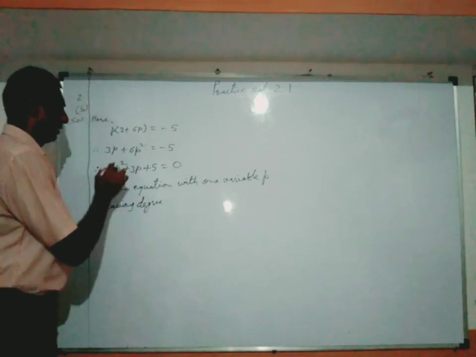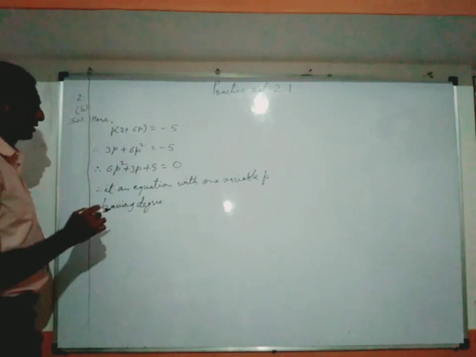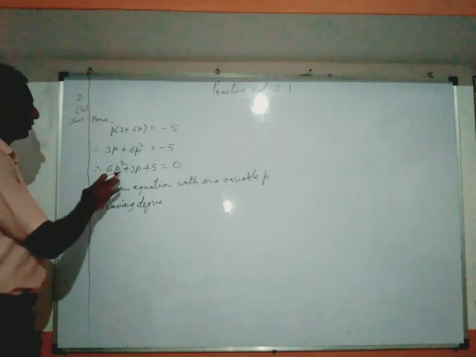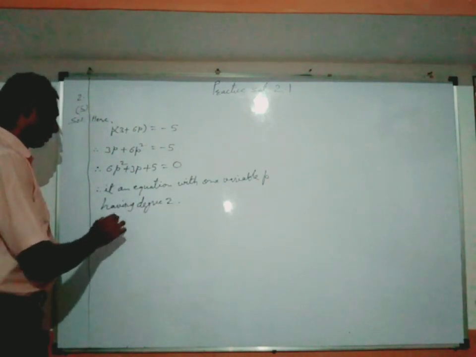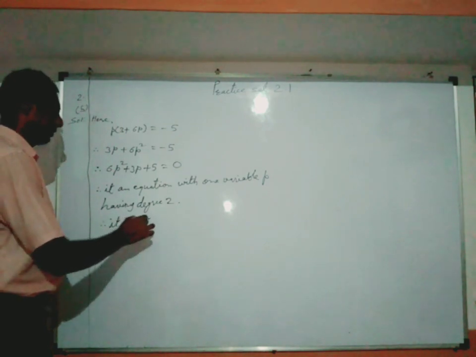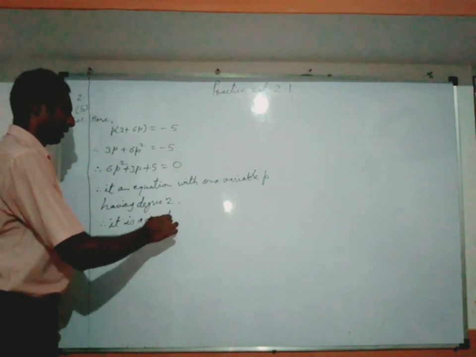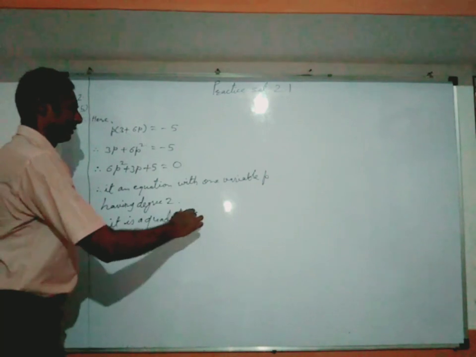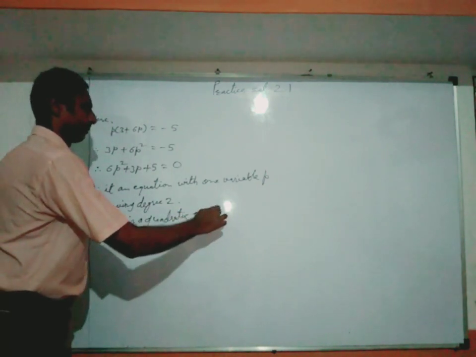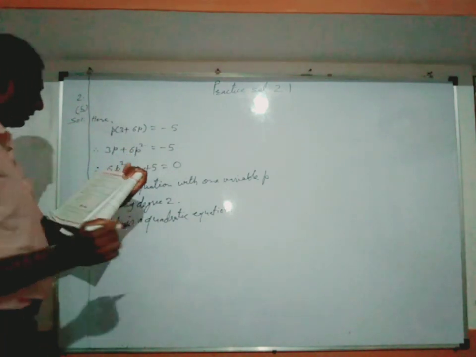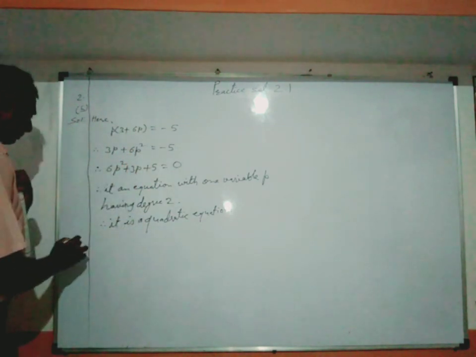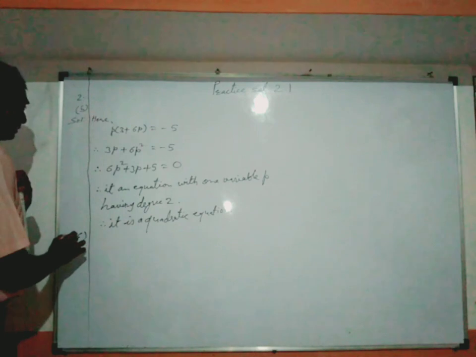Degree means maximum power, maximum index of variable, that is 2. Therefore, it is a quadratic equation. Okay, now let's see number 6, solution.